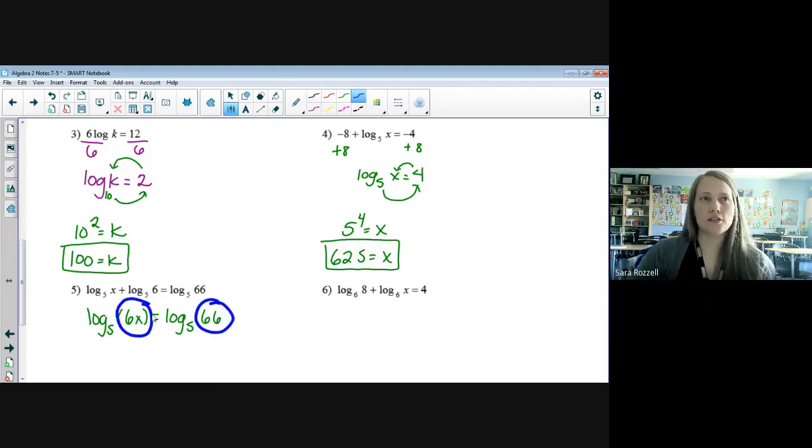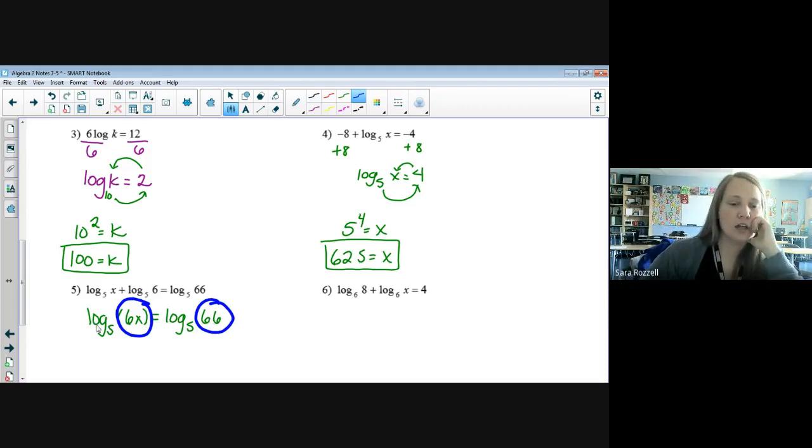Does that make sense in your head? If you're doing the log of 6x and the log of 66 and they equal each other, then what we're taking the log of, they have to match. Okay? So if you have a log equals log problem, we can just drop the logs off and we set what's inside equal to each other. So 6x is going to equal 66.